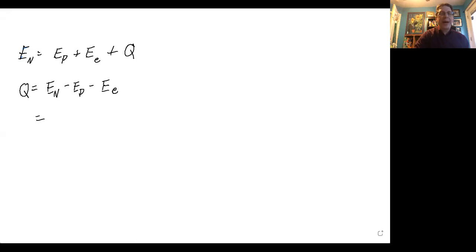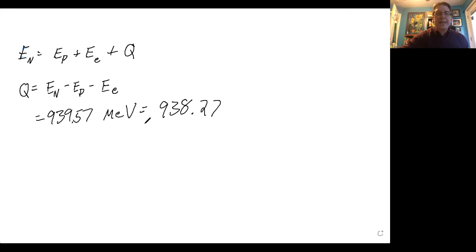Going back to the beginning, the mass of the neutron is 939.57 mega electron volts. The rest mass of the proton is 938.27.